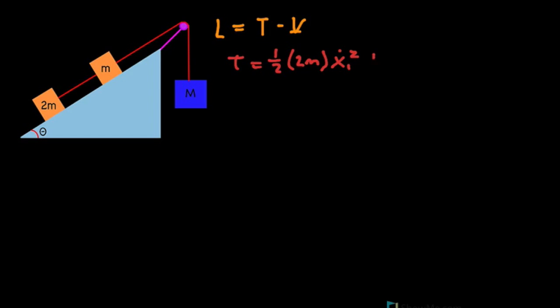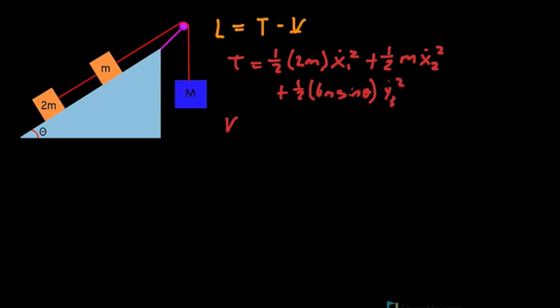Similarly, for the second object, we add 1/2 times its mass times x2 dot squared. And for the third object, we add 1/2 times its mass, which is actually 6m sine theta, times its y velocity, which is y3 dot squared.